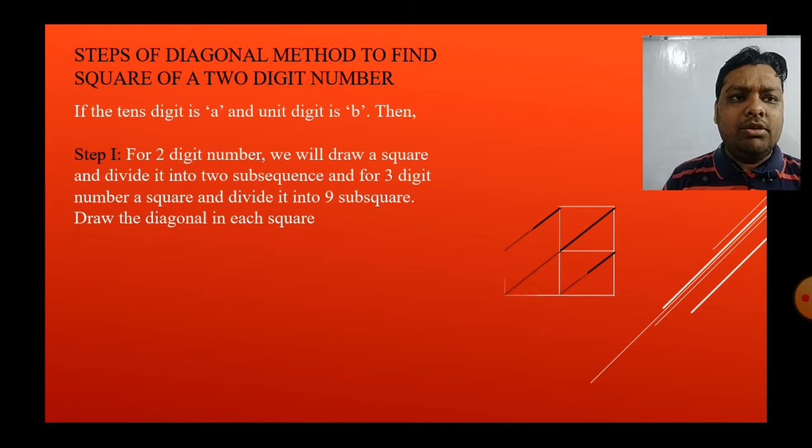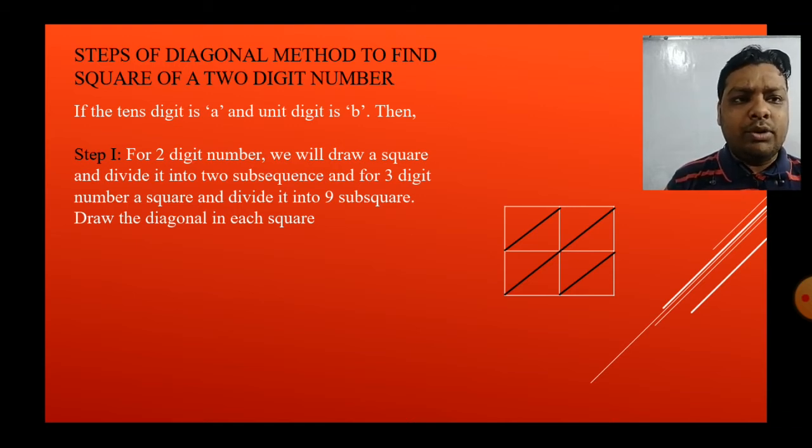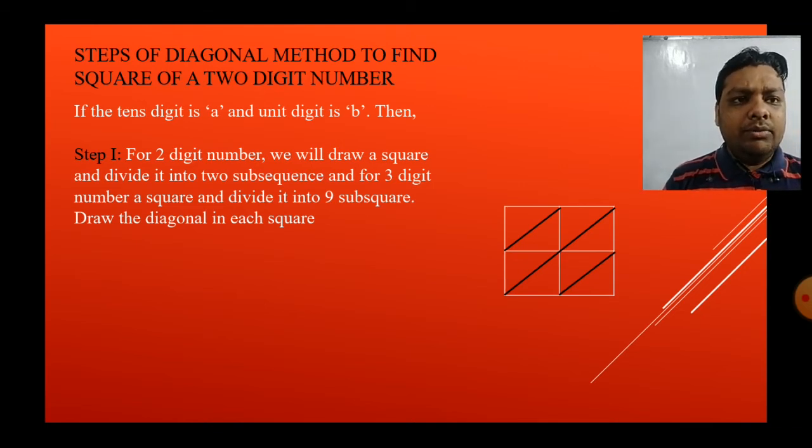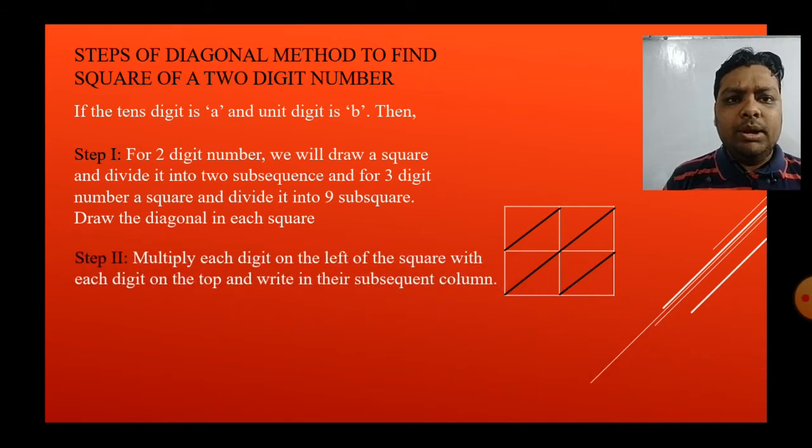Now here you can see the 2-digit number. If we have to find the square of a 2-digit number, then we will draw the square like this, with 4 sub-squares, and after that we will draw the lines diagonally, like this. Then in step 2, multiply each digit on the left of the square with each digit on the top and write it in the corresponding box.